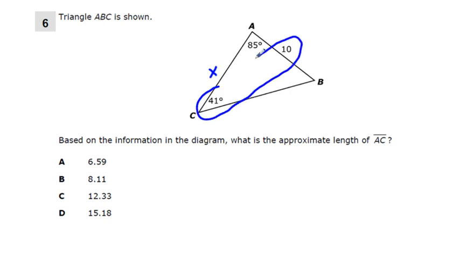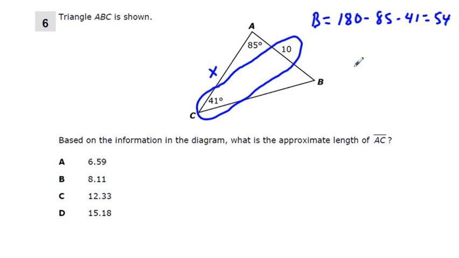We'll use law of sines usually, except we don't have what B is. Well, to find what B is, we know we're going to have 180 degrees minus these other two angles, which are 85 degrees and 41 degrees, which gives us 54 degrees. So 54 degrees is our angle here.